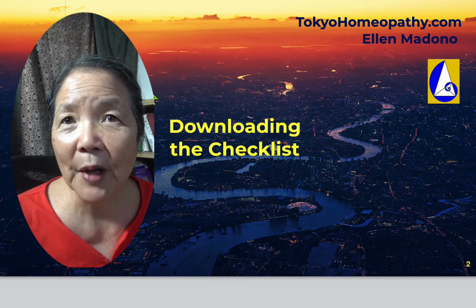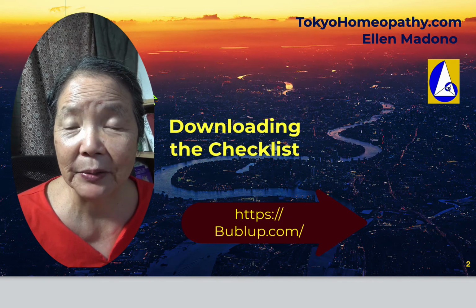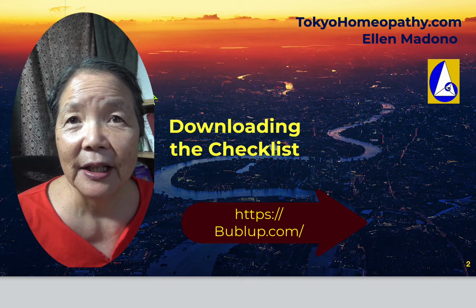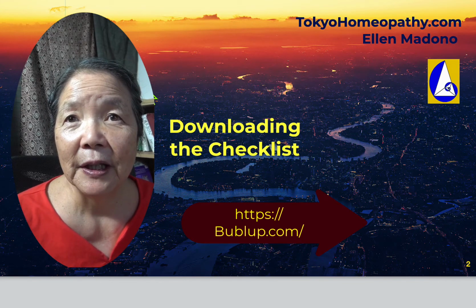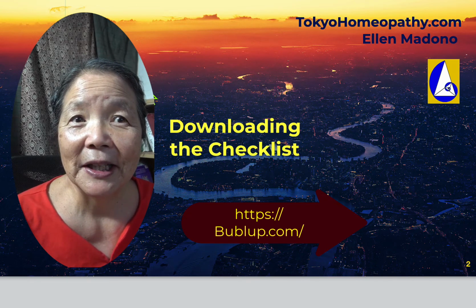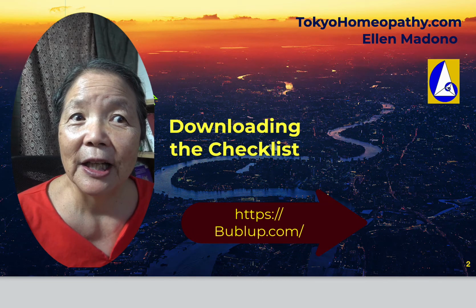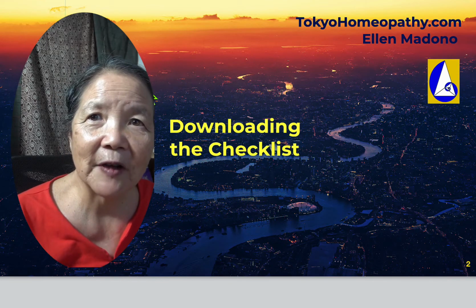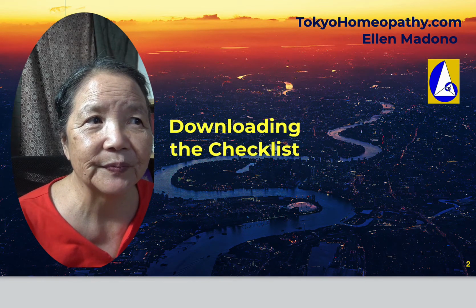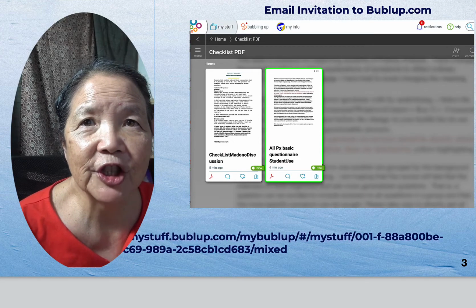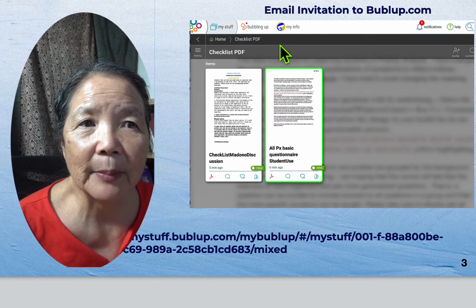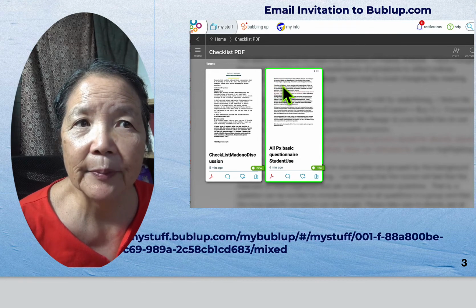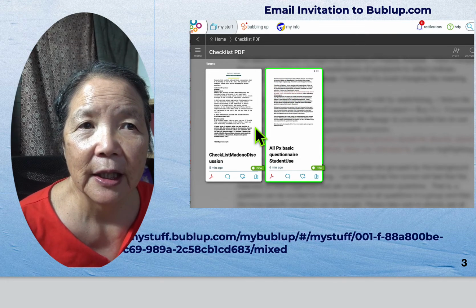I hope all of you have made your own polarity analysis account. And if you're members of a local group that belongs to my group, then you are downloading the checklist that I have made, because I've simplified this a little bit for you. You should receive an invitation to Bubble Up. And if you open up the folders there, you will see two documents.